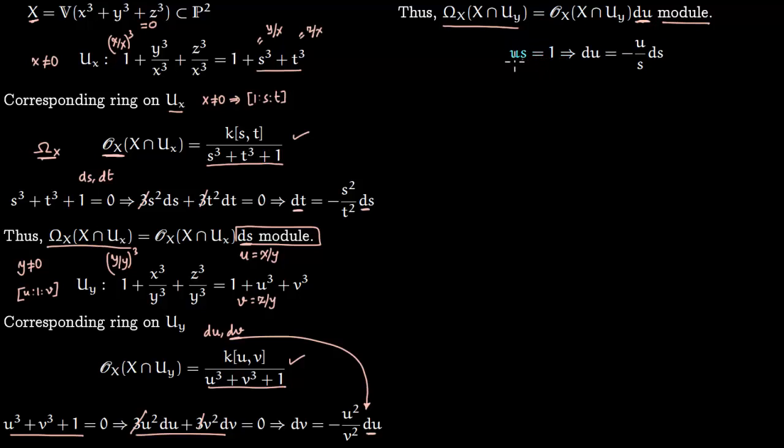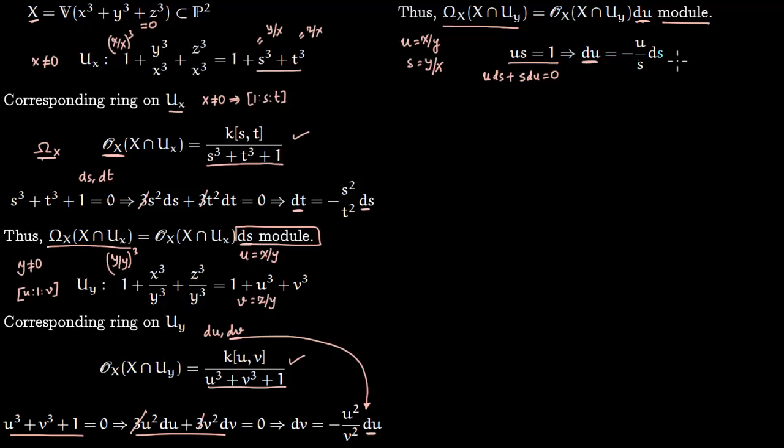But again, us is 1. So notice that u is x by y, and you can see s is y by x. So you have us equals 1. Obviously now you can differentiate it. You get u ds plus s du equals 0. So then you can solve for du. So du is minus u ds by s.